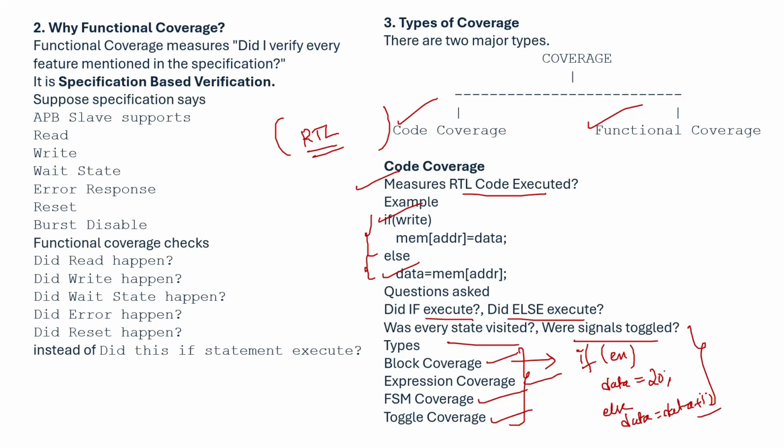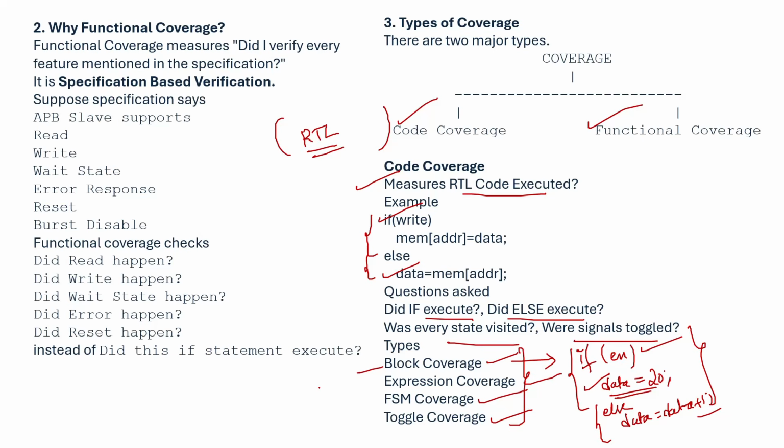Suppose we write enable equal to 1 and data equal to 20, hard coded, and we check whether this if condition is verified. These two lines are verified. Then for the else condition, these two lines are also verified, so your block coverage is 100%.